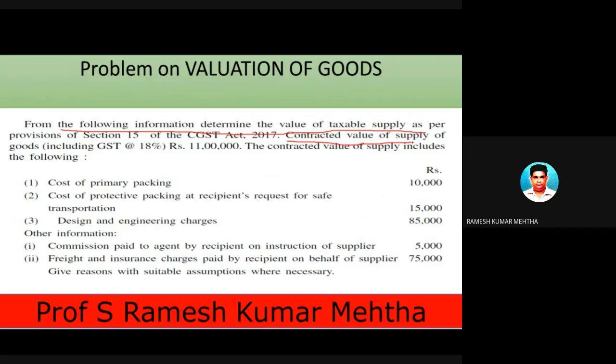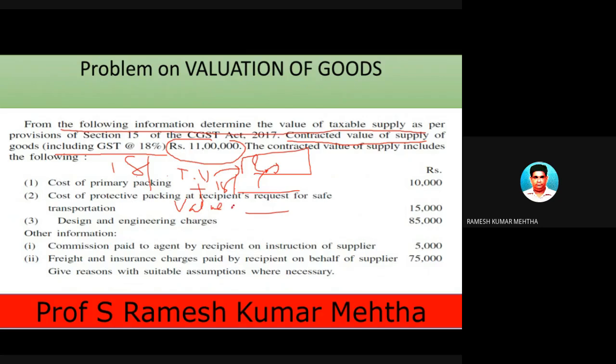The contracted value of the goods, this 15 lakh rupees, is inclusive of 18% GST. What are we primarily finding out? We are finding out the transaction value on which we are going to levy GST. This is what our calculation is. Finally we will add 18% GST to this and we'll get the value of supply.